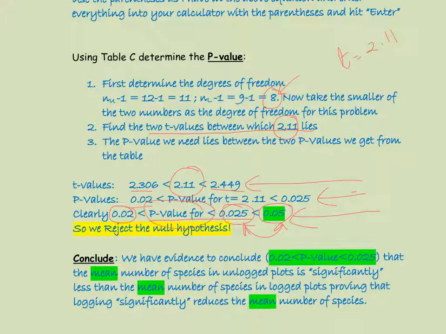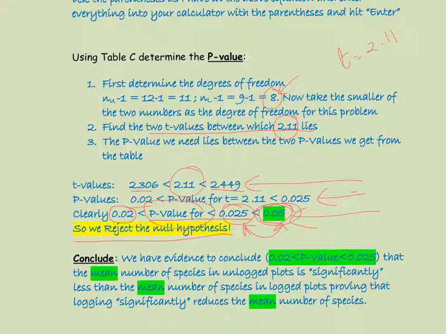And notice that if the p-value ranges from 0.02 to 0.025, then clearly that would be less than 0.05. So right away, we know that we are able to reject the null hypothesis because our p-value is less than the significance level, the standard that we set at the beginning of the problem.